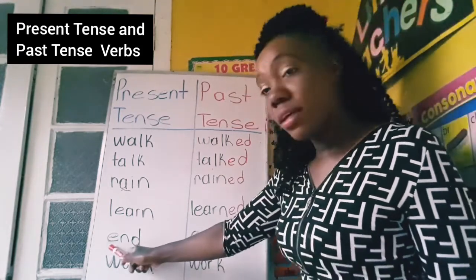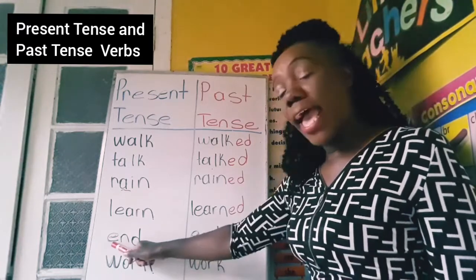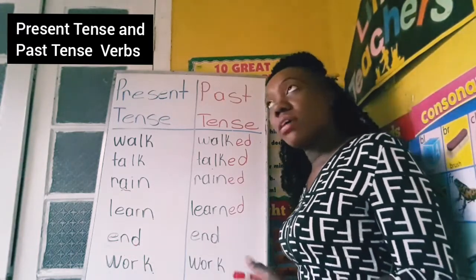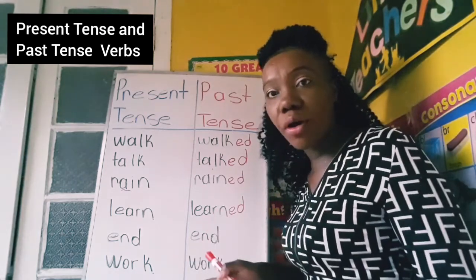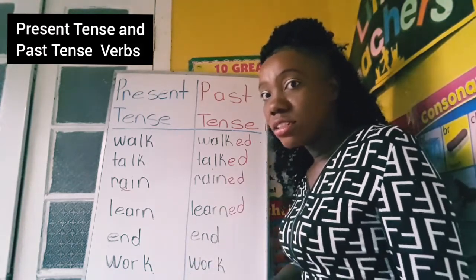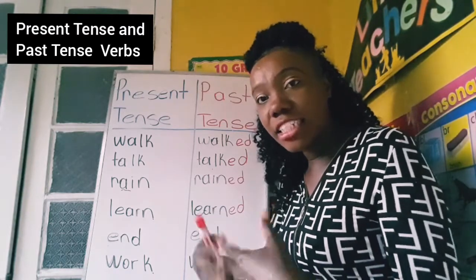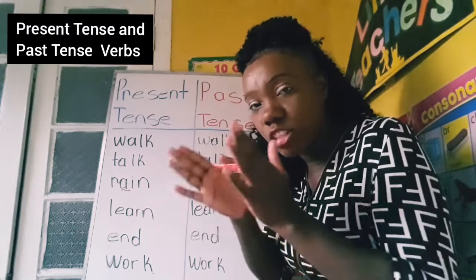Moving on to end. End. Something that comes to an end, like it finished, stop, no more. It has ended. End. So now the story ends. Like the teacher was reading a story right now and the story ends. She finished.